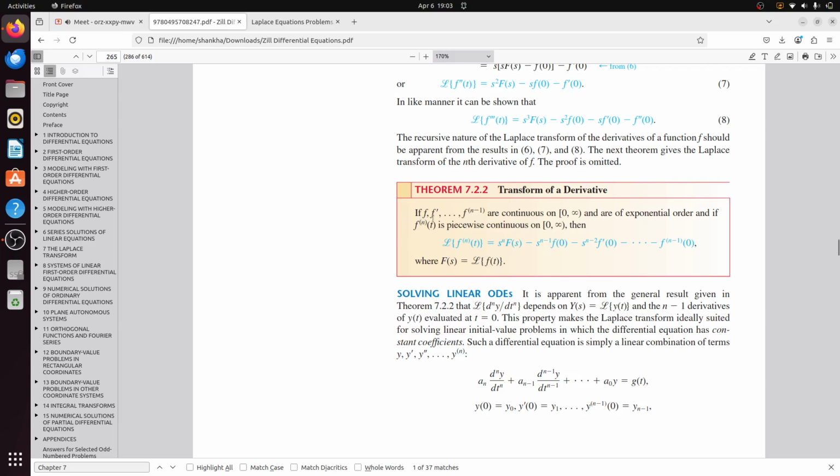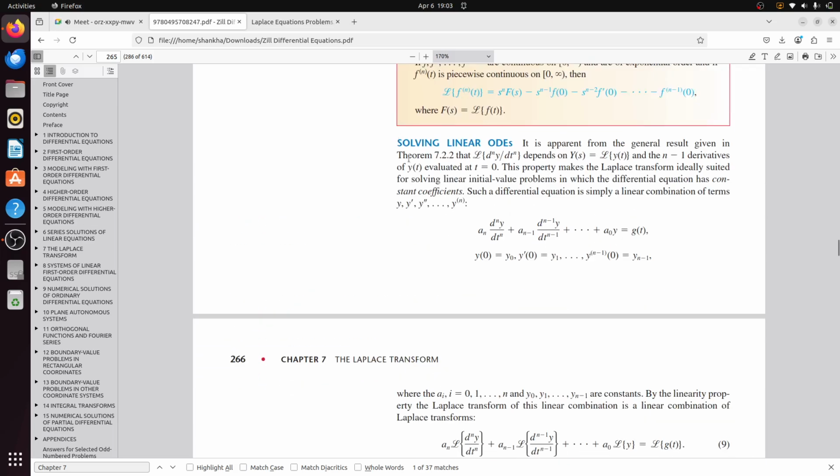If f prime up to the n minus 1th derivative are continuous and of exponential order, and if f^(n)(t) is piecewise continuous, then the Laplace transformation of f^(n)(t) is given by this formula: s to the power n F(s) minus s to the power n minus 1 f(0) minus s to the power n minus 2 f prime 0 minus and so on, minus f^(n-1)(0).